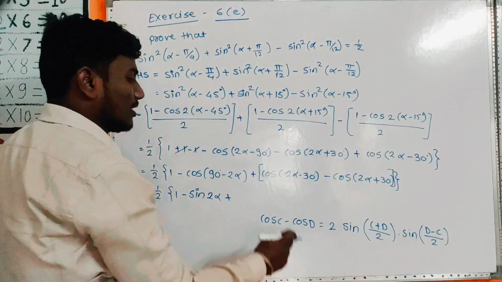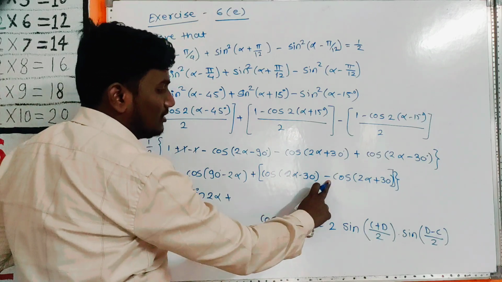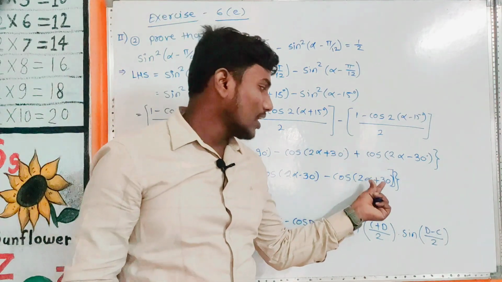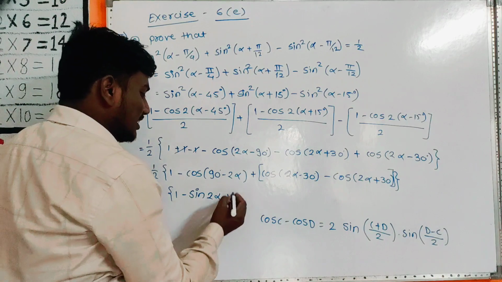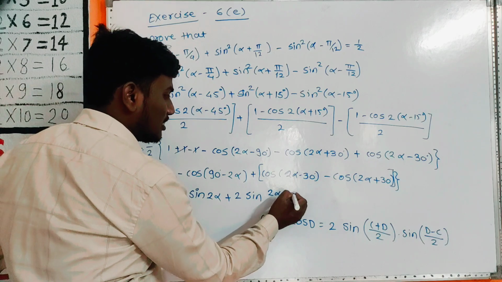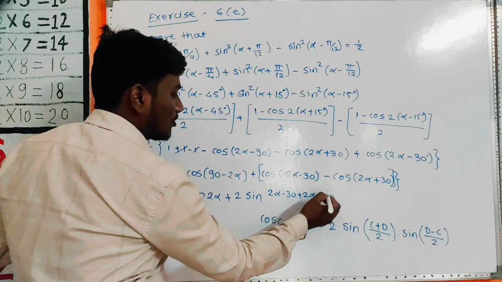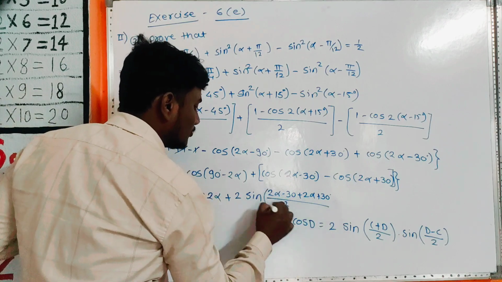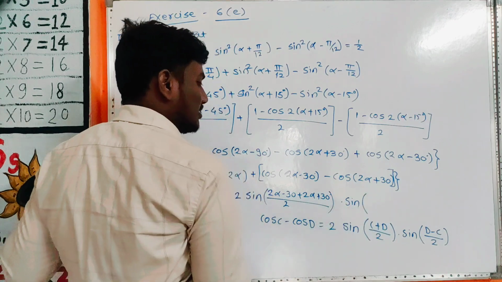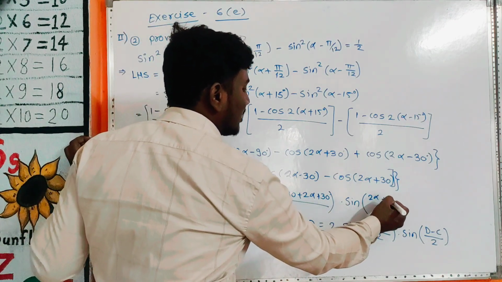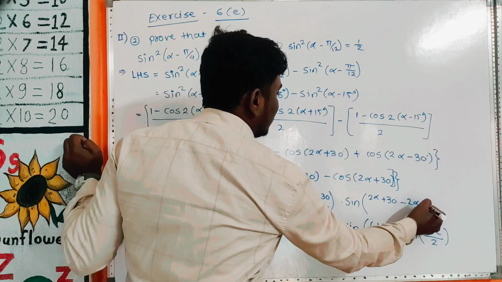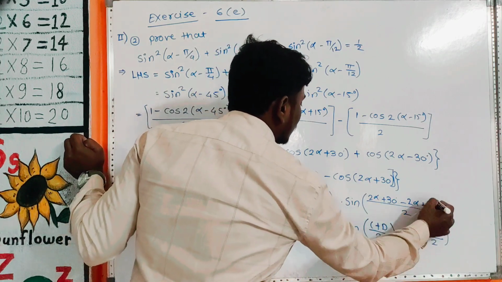So this is a formula. You can apply this to cos C − cos D. What is C? 2α − 30, and what is D? 2α + 30. So we can write this as 2 sin ((2α − 30 + 2α + 30)/2) into sin D − C, meaning ((2α + 30) − (2α − 30))/2. Is it clear?